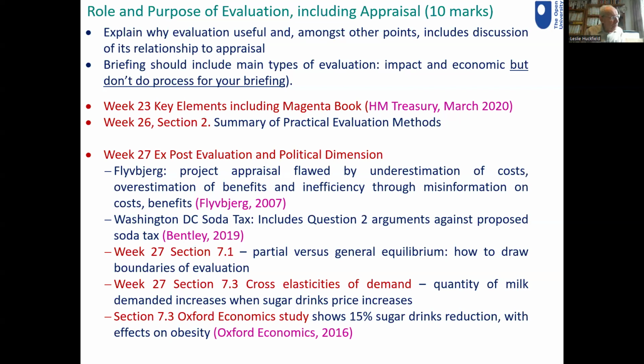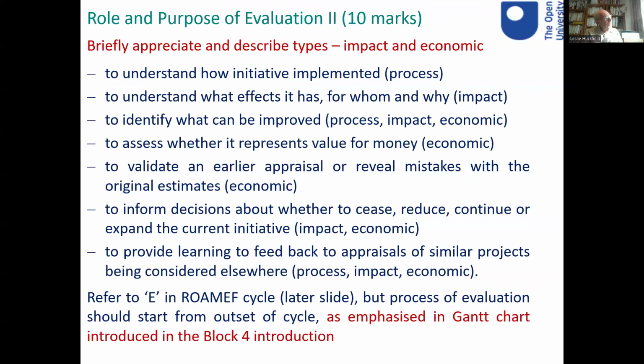There's then that point about cross elasticities. There's also an important Oxford Economics study, section 7.3 on sugar drinks and obesity. So all of this is fairly general background, but it gives you some good material with which to introduce your briefing on how to do an evaluation.